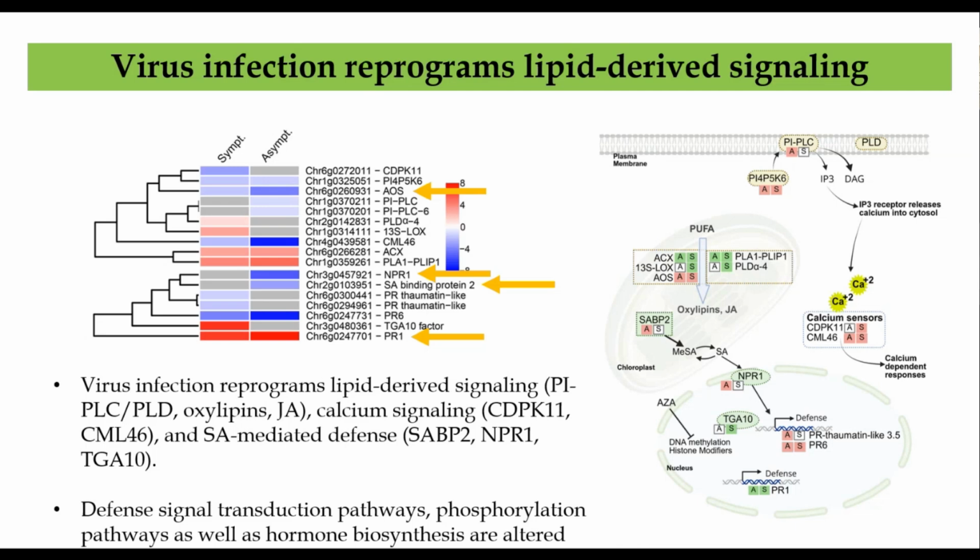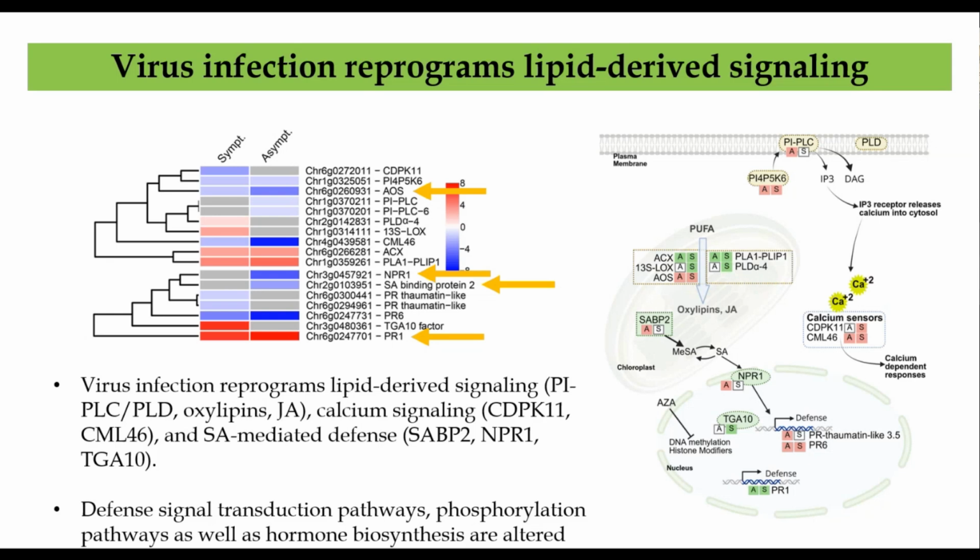If we look diagrammatically at where in the pathway those genes are altered or differentially expressed upon Rosette virus, these diagrams show clearly that the plasma membrane localized phosphoinositol phospholipase C gets altered, which releases inositol triphosphate and diacylglycerols, which later activate the calcium response.